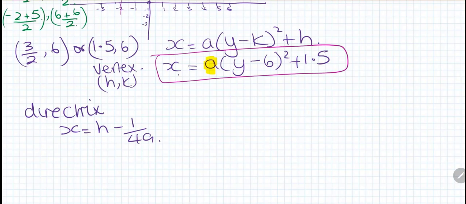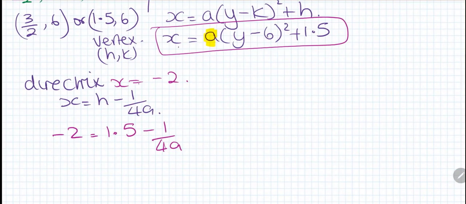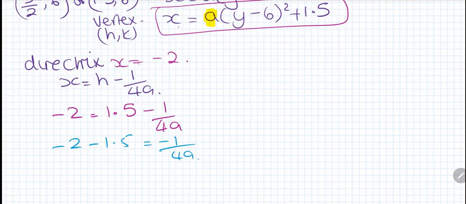The directrix we're told is x equals -2. So -2, h we know is 1.5, and we've got minus 1 over 4a. So -2 minus 1.5 is equal to -1 over 4a. So -3.5 is equal to -1 over 4a.